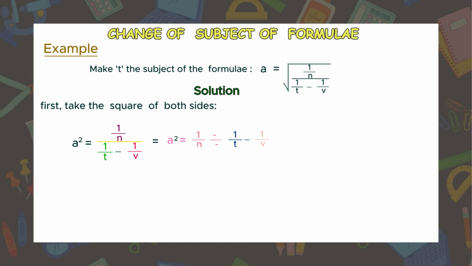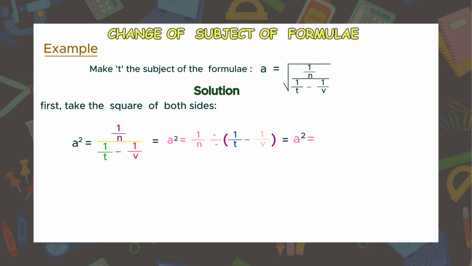Then we undo the bracket first, following our fraction BODMAS, so bracket comes first.